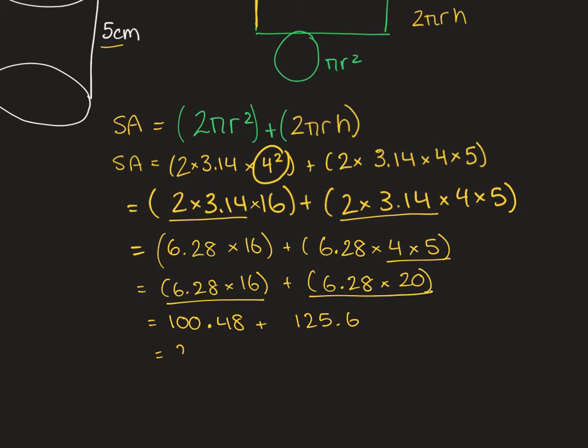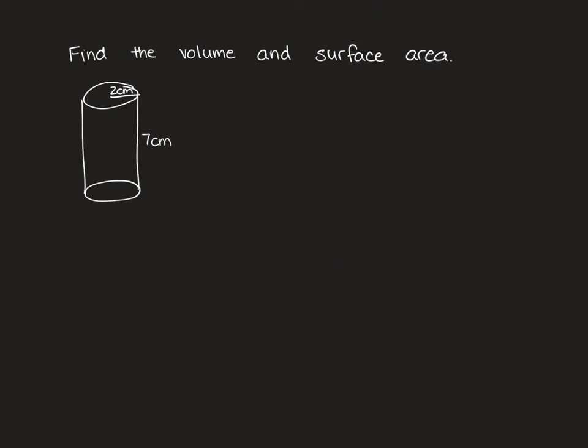And that should give me about 226.08. And before we finish, we need to make sure we have the centimeters squared because this is surface area. So our surface area would be 226.08 centimeters squared.